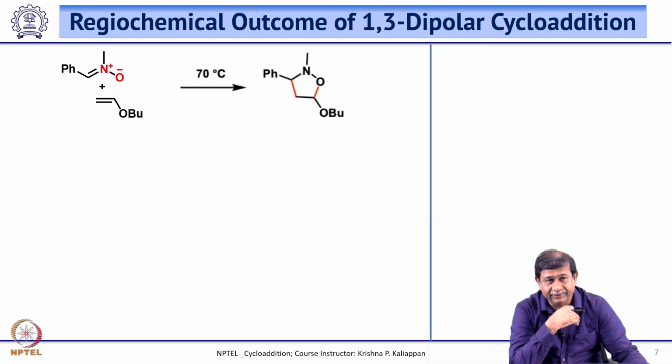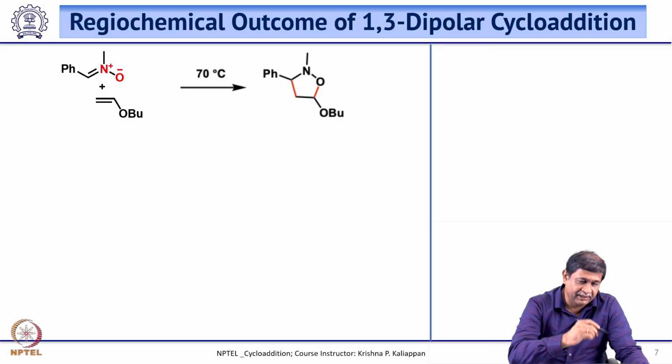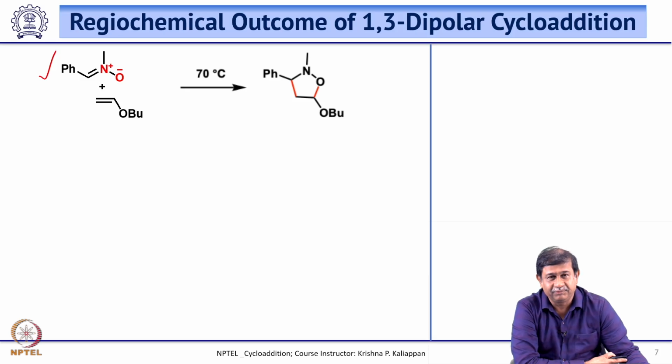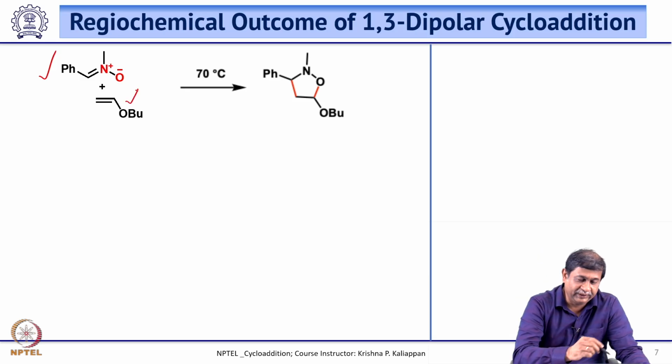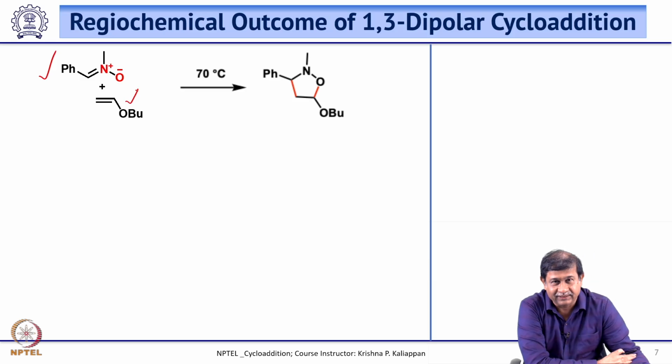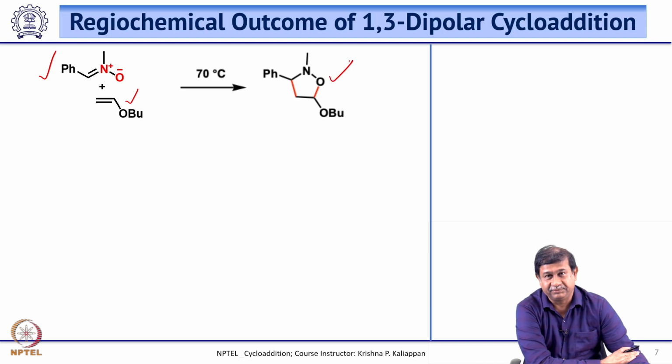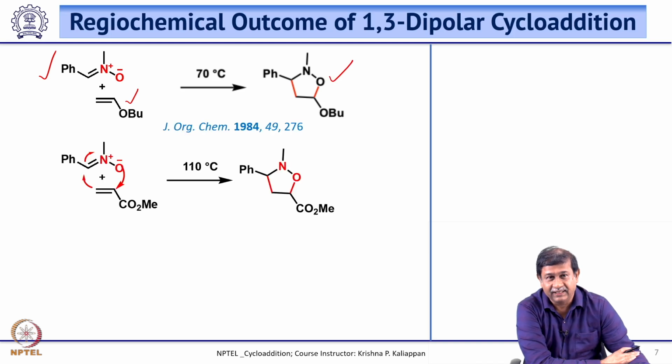Okay. Now, let us see. So, a simple nitrone. So, this is formed between benzaldehyde and methyl hydroxylamine. So, now if you treat with this butyl vinyl ether, this can undergo 1,3-dipolar cycloaddition to form this regioisomer predominantly. Okay.